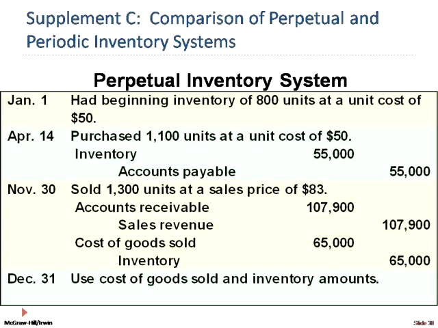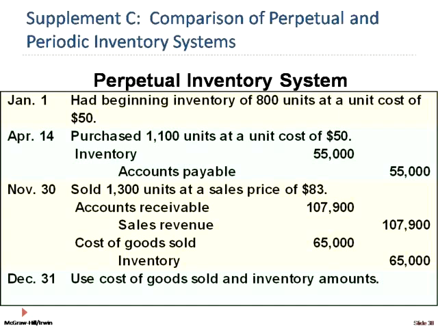The second entry records the internal transaction at cost that transfers the cost of the inventory sold to cost of goods sold. This entry is a debit to cost of goods sold and a credit to inventory for the cost of the inventory sold.